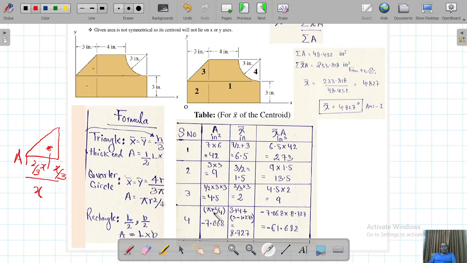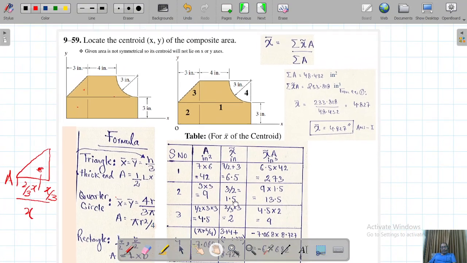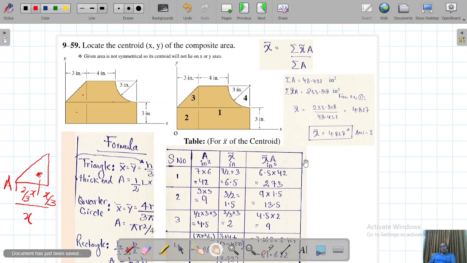Very simple. Since area is involved, you must remember that we have to calculate the centroid.